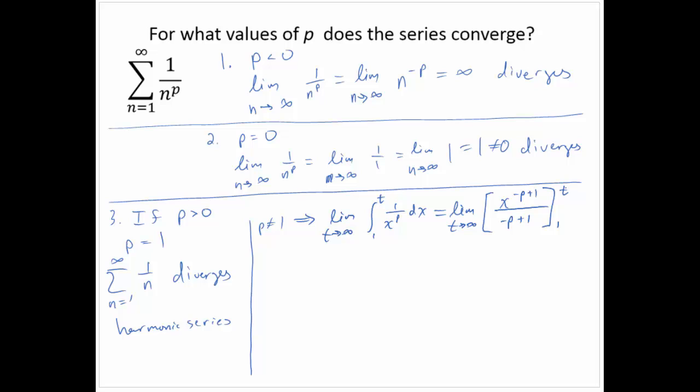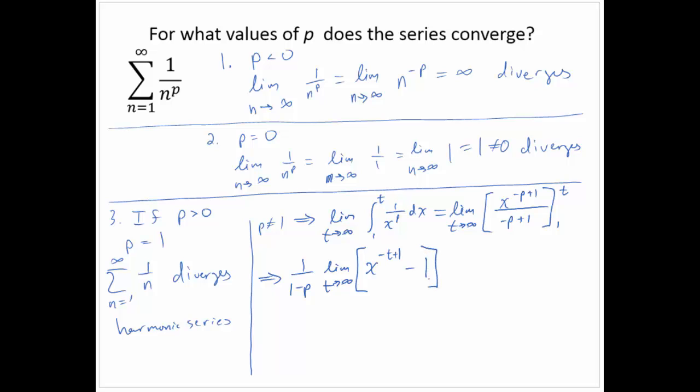I can take that negative p plus 1 as a factor and bring it outside, and I'll write that as 1 over 1 minus p, limit t approaching infinity, and I'll make the substitutions. We would have x to the negative p plus 1, minus x to the 0, which is 1.